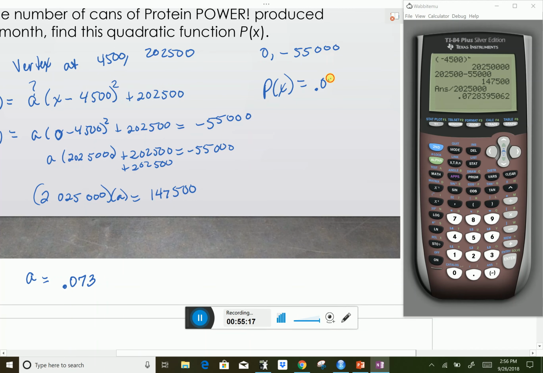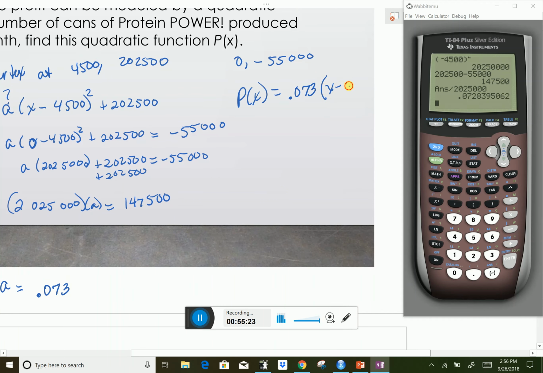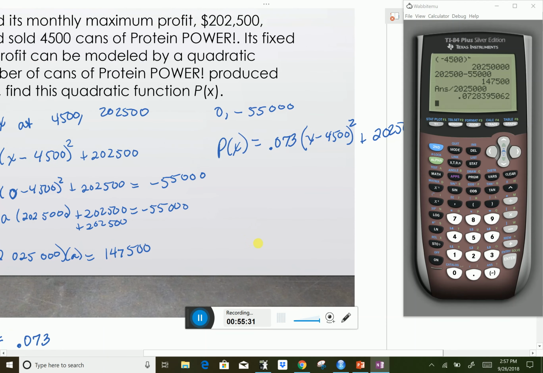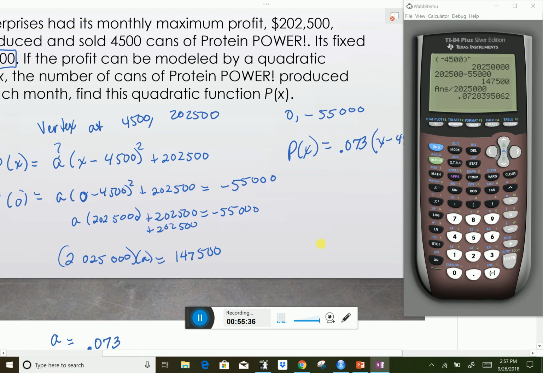equals 0.073 times x minus 4,500 squared plus 202,500. I think that's right. Yeah.